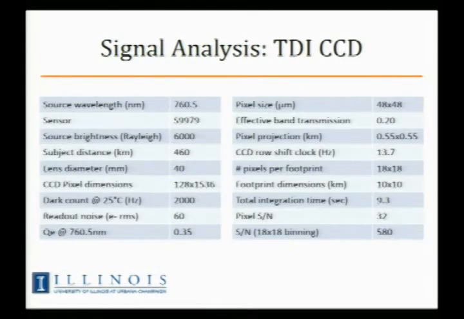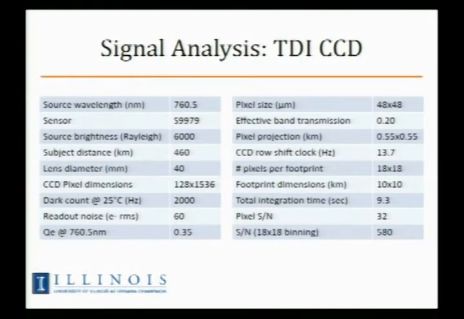The TDI CCD is particularly attractive. If you're not familiar with how time delay integration CCDs work, most CCDs are frame-based, where you basically take a picture and read out all the pixels. Time delay integration is for moving objects, where you can time shift the charge on the CCD in sync with an object that you're trying to image.